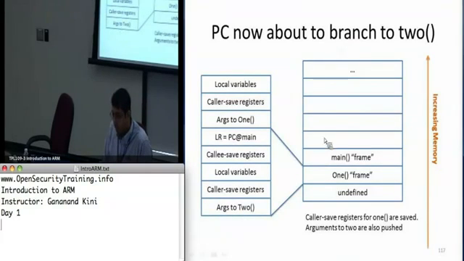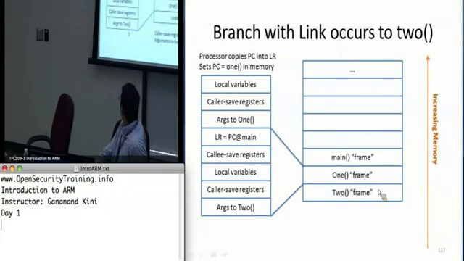And then there's a call to 2 in 1. Since 1 calls 2, it puts the arguments to 2 and saves R0 through R3 on the stack if it needs to. Then the branch with link occurs to 2.